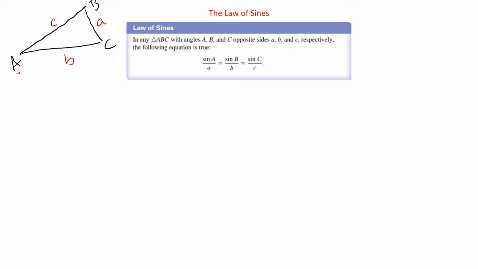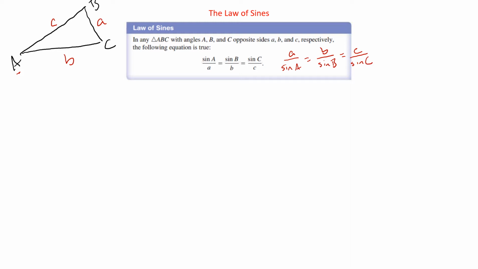So also, a divided by sine of angle A is going to equal b divided by sine of angle B is going to equal c divided by sine of angle C. So we can do the reciprocals of each of them. They are the same. It's just if we're looking for a side or an angle, I like putting what I'm looking for in the numerator. It's one less step to deal with, but it does not really make much of a difference.